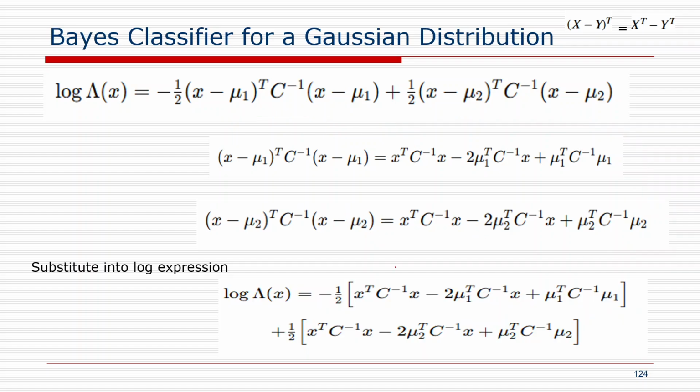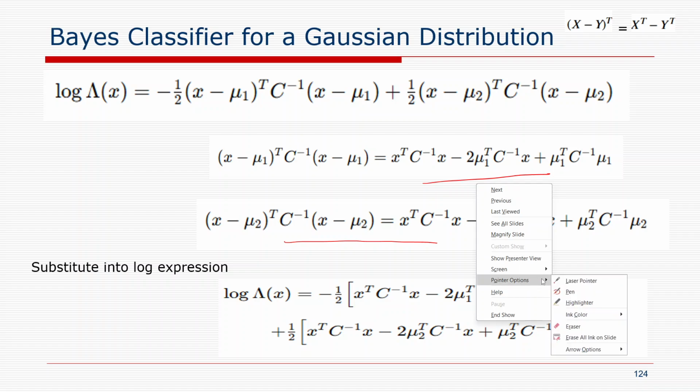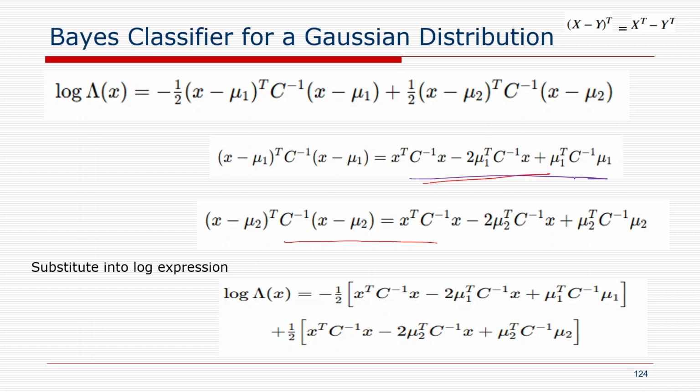Now we will take whatever we got, the simplification for both the terms, and expand it in the log lambda of x, which we had originally on the top here.